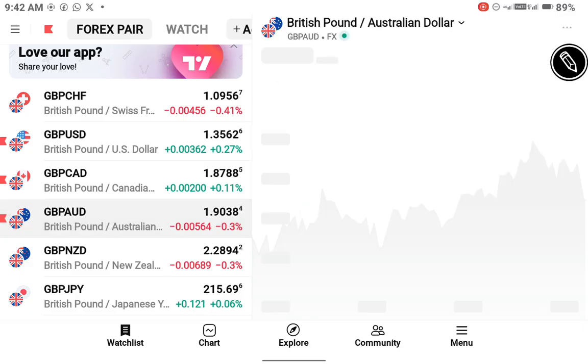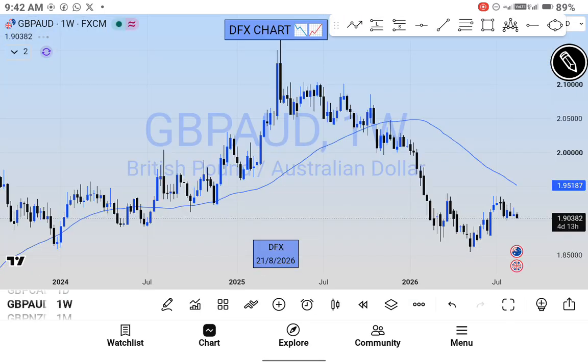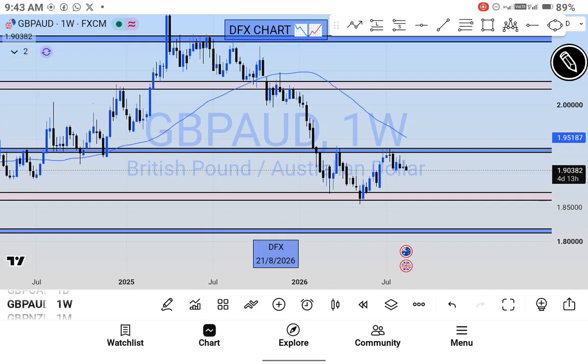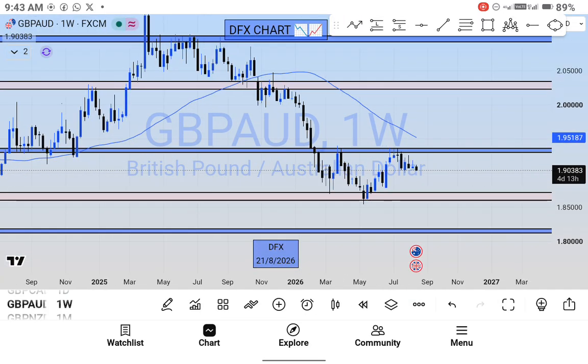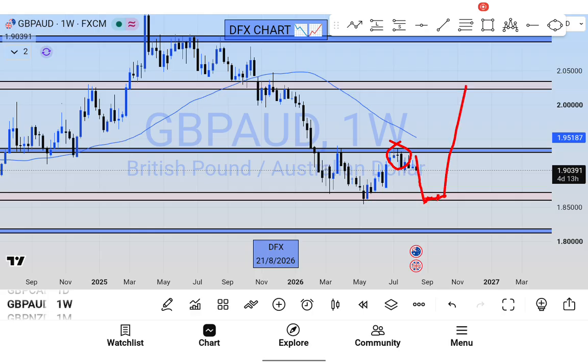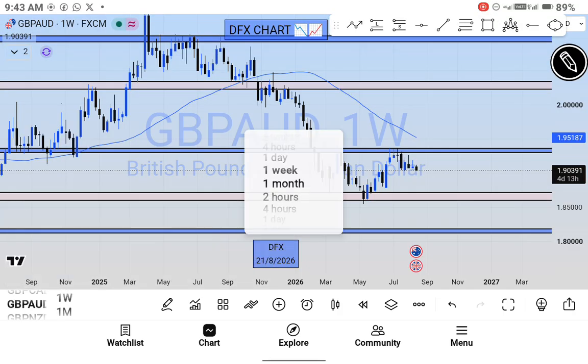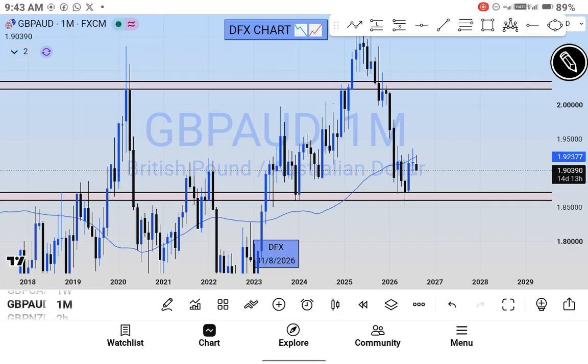So on the weekly time frame, now we see that we have all this candle formation here. That means the price is going to come down to this point. Then from here, we start looking for buy to the upside, because on the monthly time frame, we should be heading to the upside, right?